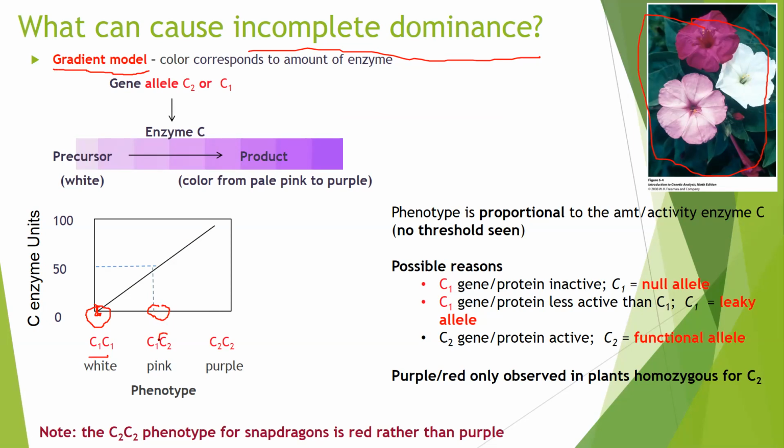With only one functional wild type allele, it can produce this much enzyme. And when we compare the homozygous wild type to the heterozygous, the homozygous wild type can produce a doubled amount of the enzyme. Of course, the flower will be darker because significantly more protein or enzyme can be produced in this individual. So this is one model, the gradient model, that can explain incomplete dominance.